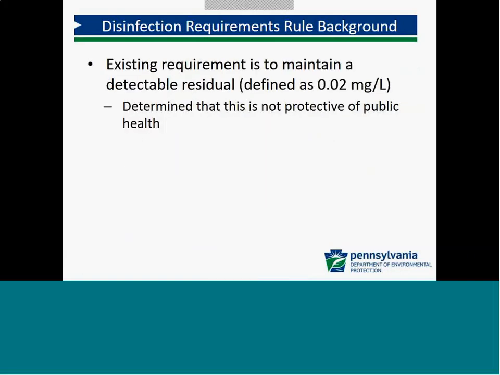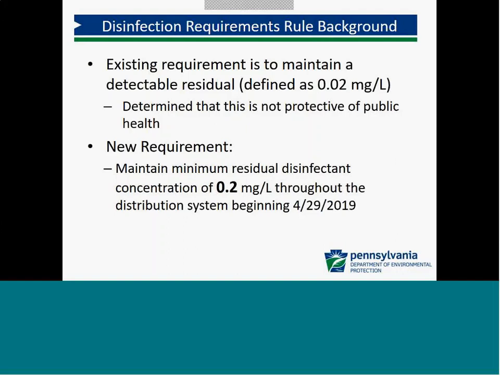Well, the existing requirement is to maintain a detectable residual, which we define as 0.02 milligrams per liter, and that was determined to not be protective of public health. So the new requirement is to maintain the minimum residual disinfectant concentration of 0.2 milligrams per liter throughout the distribution. That begins April 29th of next year.